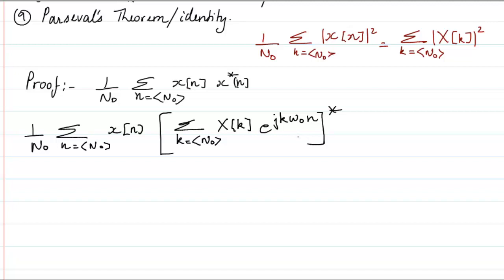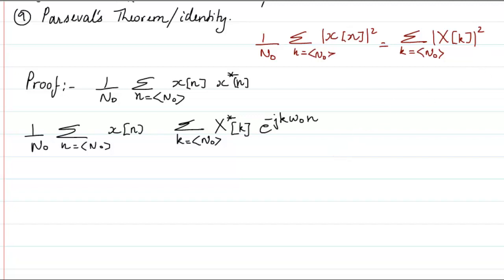Now if I take the conjugate inside, then instead of capital X of k I will write the conjugate of capital X of k, and instead of j I will write minus j. Correct?